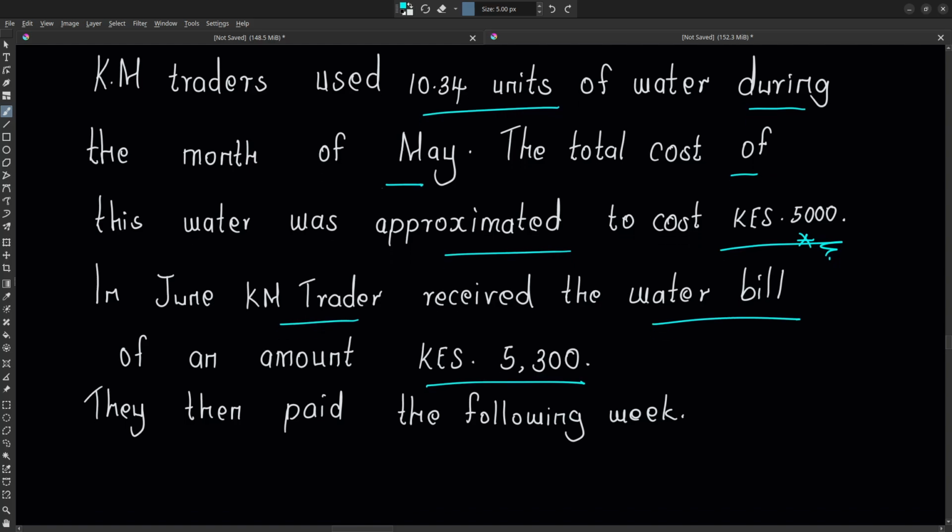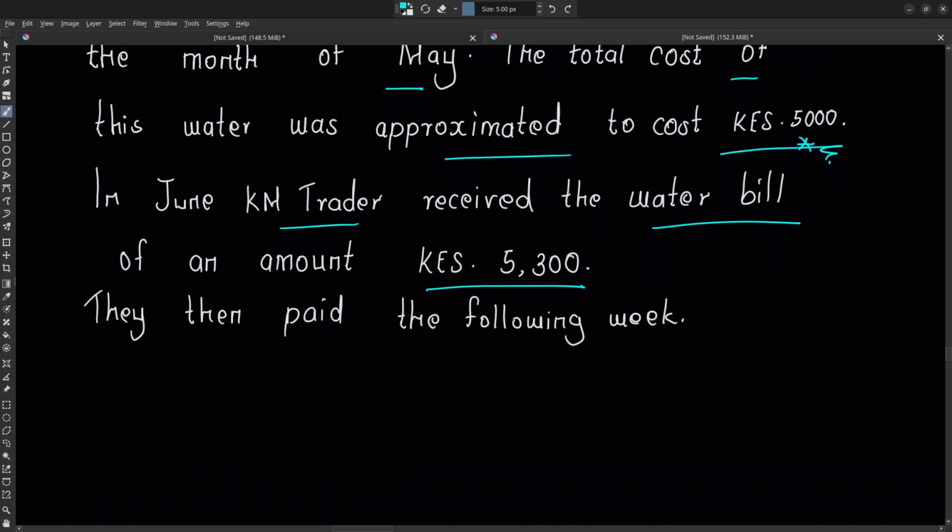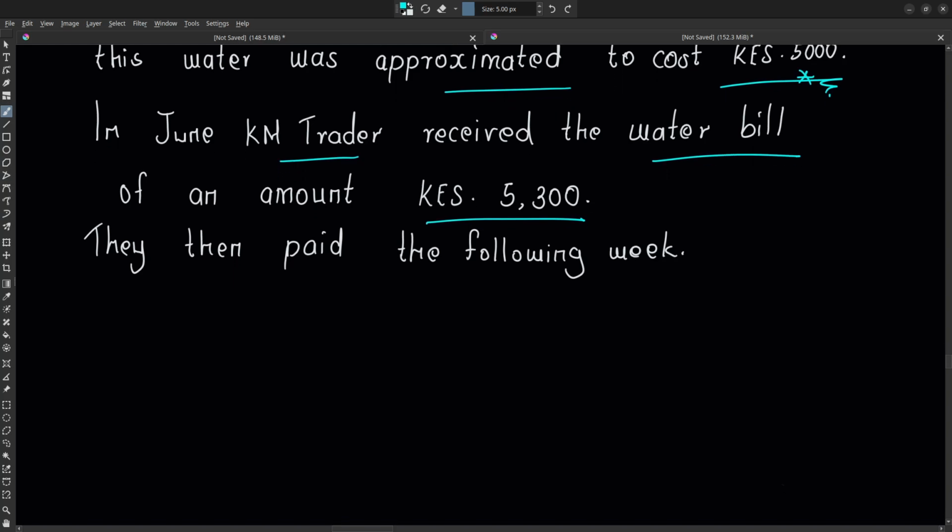First, at the end of the month of May, we need to recognize the expense because it has already been incurred. So as of the end of May, we have approximated. Let's call it utility expense.